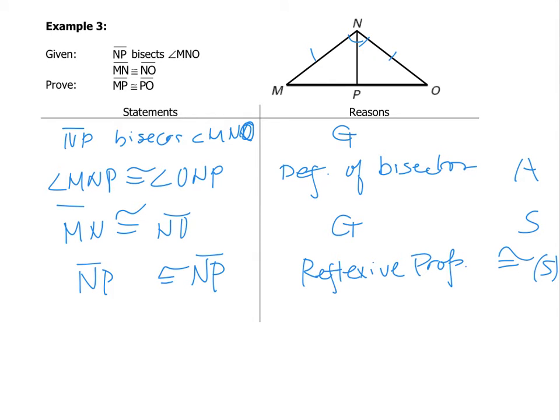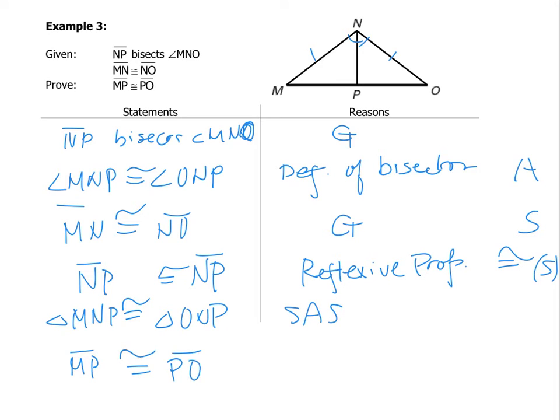So by SAS, I now have enough evidence to draw the conclusion that triangle MNP is congruent to triangle ONP. And because of that, the corresponding sides, MP is congruent to PO, and that's CPCTC.